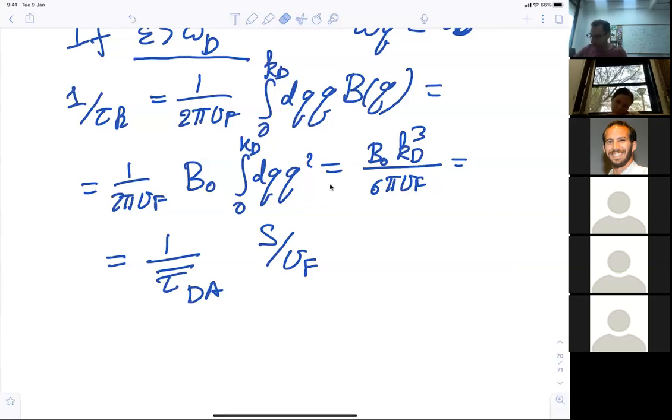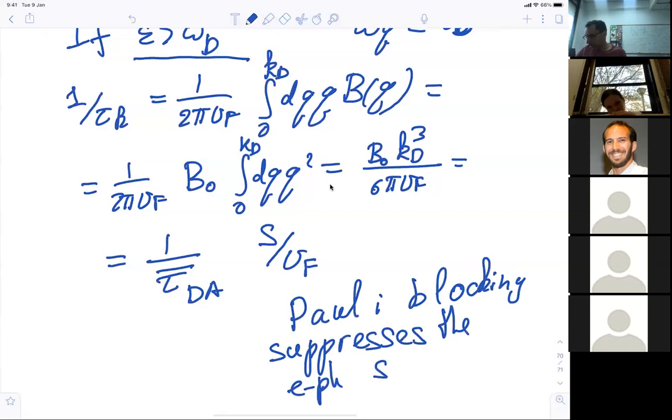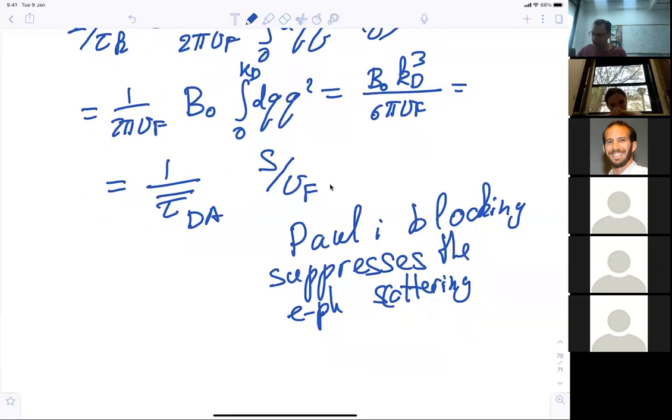So it means Pauli blocking suppresses the electron-phonon scattering. If before it was roughly the nominal scattering time, now the rate is parametrically smaller, the scattering time is parametrically longer. Okay, so we got something, that's statement number 1.